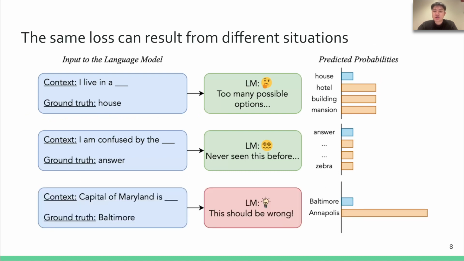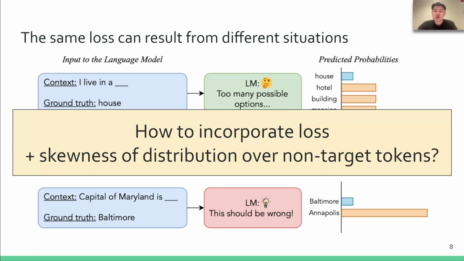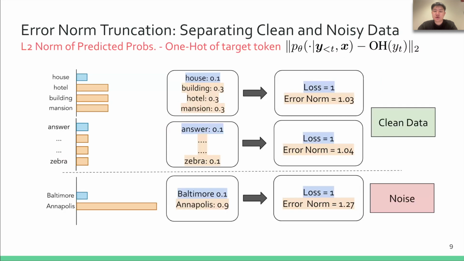In contrast, when the model is certain that a token is wrong, it assigns a high probability to another token. So ideally, we want to incorporate loss plus skewness of the probability distribution over the non-target tokens to differentiate between the first two cases and the third one.